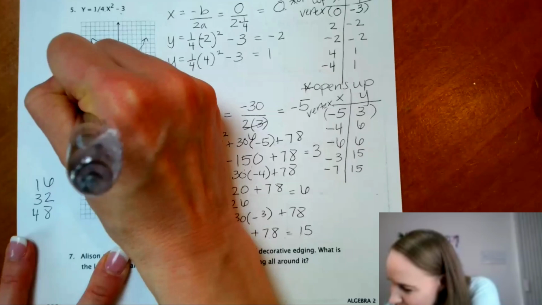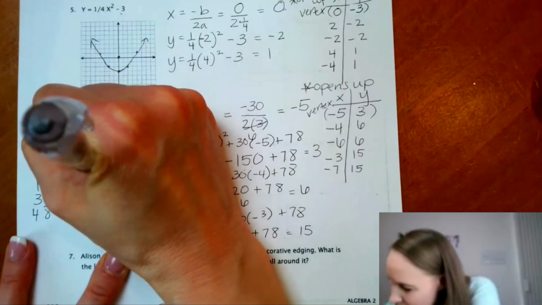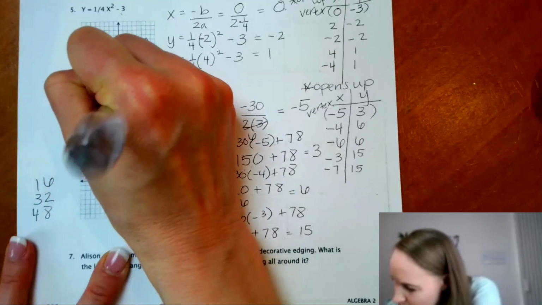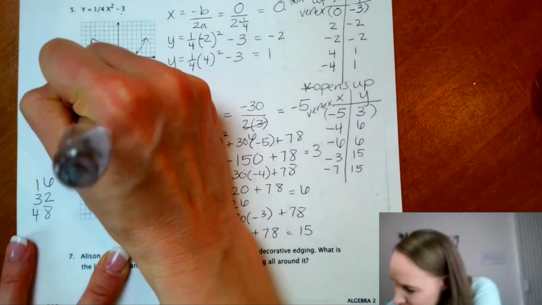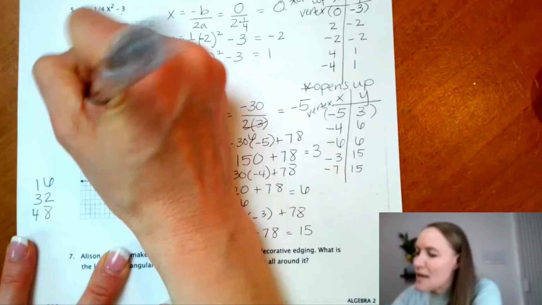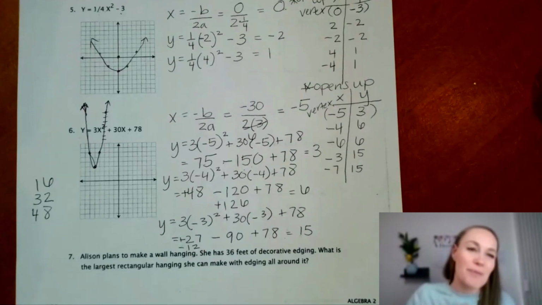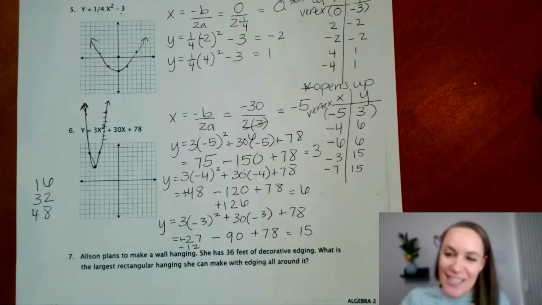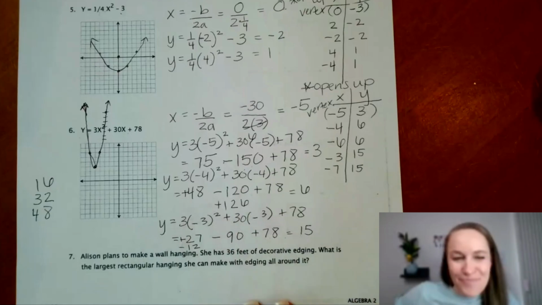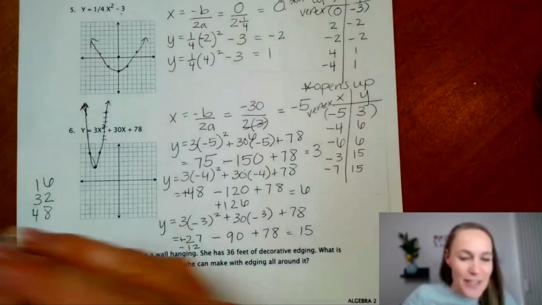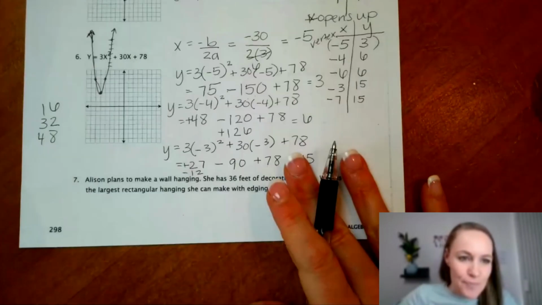And we're getting this very nice, very skinny little U shape. And again, if you're an art major, yours is going to look so much better than mine, but that's a great sketch of the graph. And it opens up, so yes, that looks great.